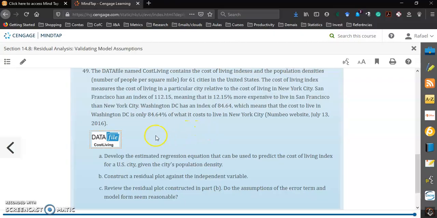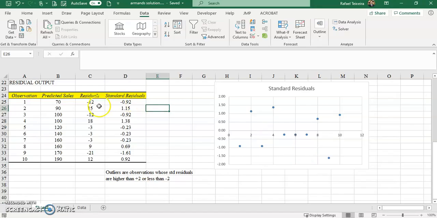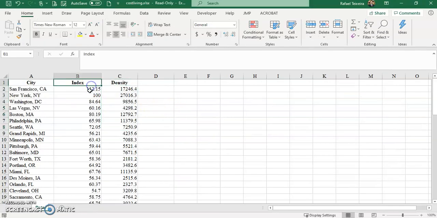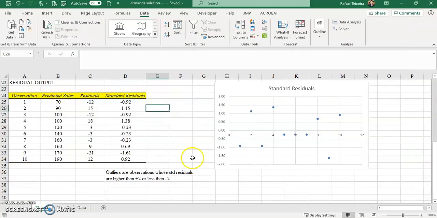Develop the estimated regression equation that can be used to predict the cost of living index. This depends on the density. Cities that are more dense tend to have a higher cost of living, right? So New York, a lot of people living there, the index cost is very high. Same thing for San Francisco and so on.